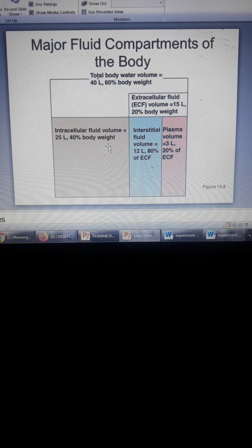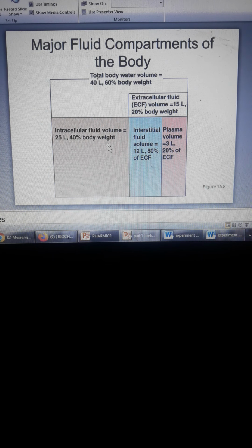Interstitial fluid volume is 12 liters, 80% of your ECF or extracellular fluid, and we have the plasma volume of 3 liters, 20% of the extracellular fluid. So this is the total of the fluid volume that is found in the interstitial and plasma compartments.